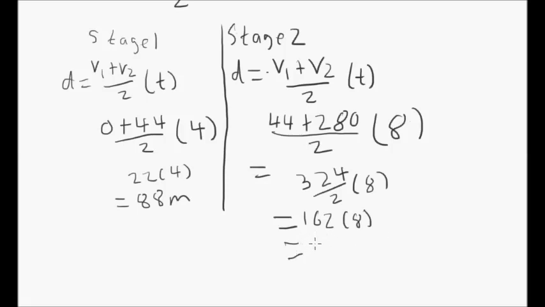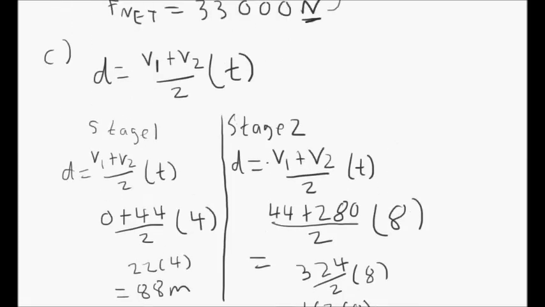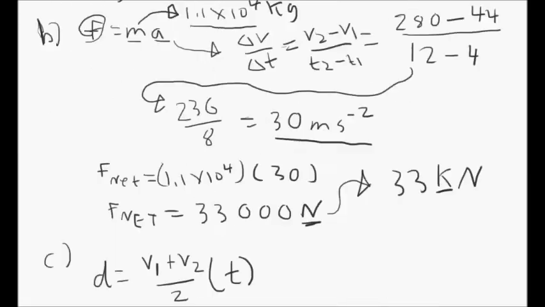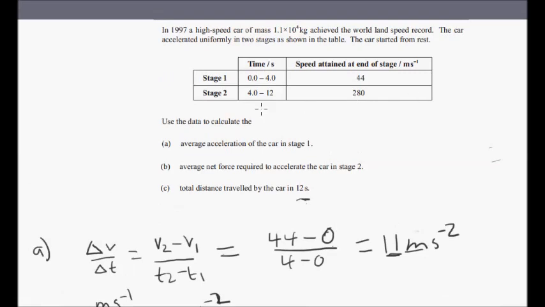I don't know whose is. If you can, thumbs up. 1,296 meters. There you go. So now we know in stage 2 the car traveled a total distance of 1,296 meters from the start of stage 2 to the finish of stage 2.